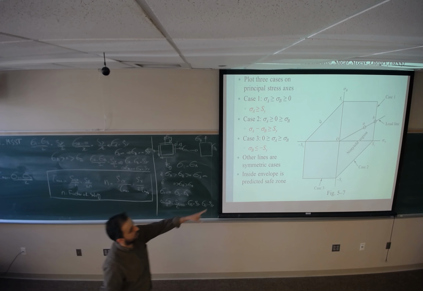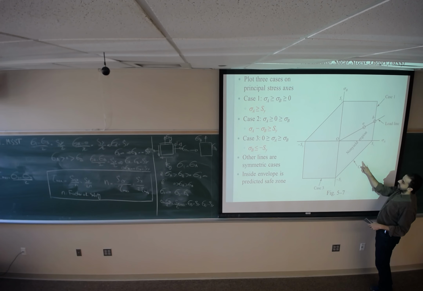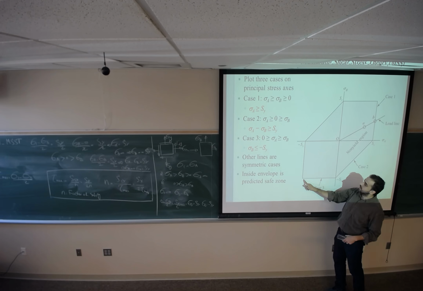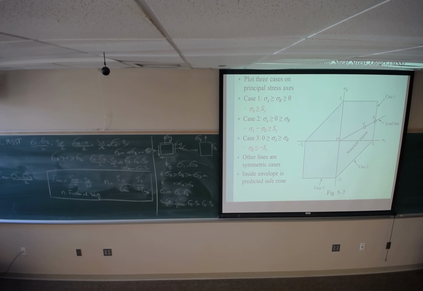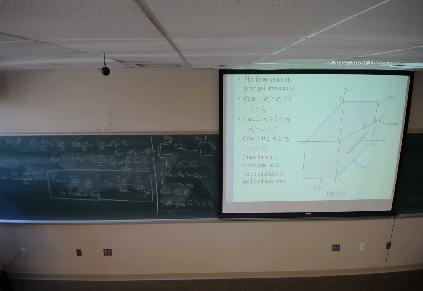You will see here case 1, this line, case 2, this line, and case 3 is going to be this line. This line, and the other ones, due to the symmetry, we can draw them. And inside the envelope, we are going to have the safe region.